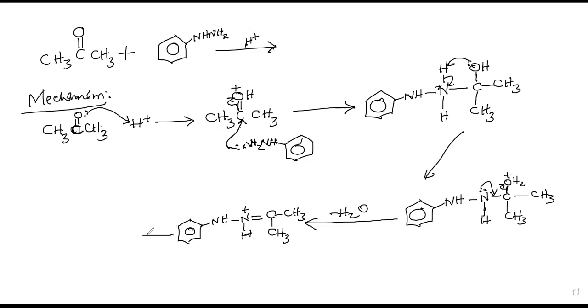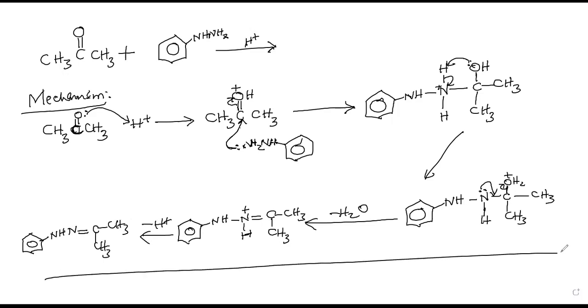Then here we lose the hydrogen, and as we lose the hydrogen, we shall form our final product, NH, N, double bond, C, CH3, CH3. So that is how these compounds react with phenylhydrazine.